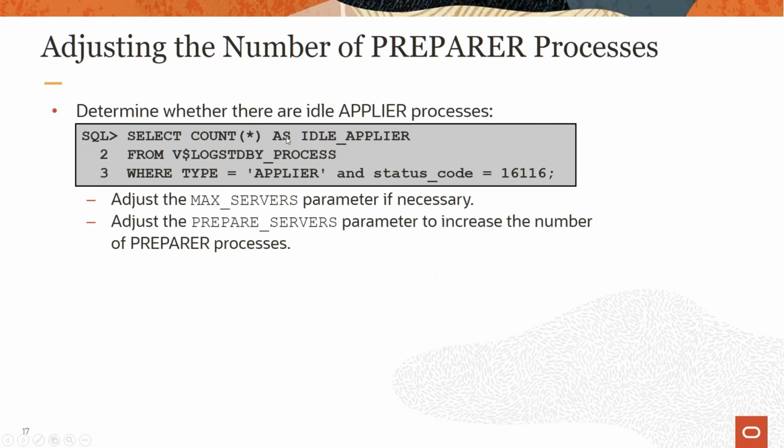If it returns a large number of idle apply processes, you will have to adjust this back to a lower value. Okay, so based on this query, you can increase the number of preparer processes, and also you can increase or decrease the number of apply processes.